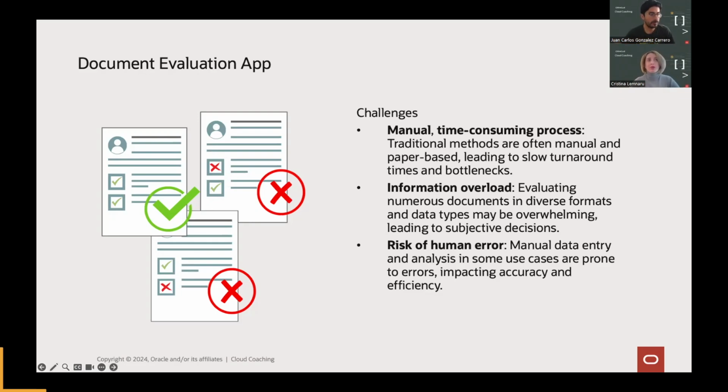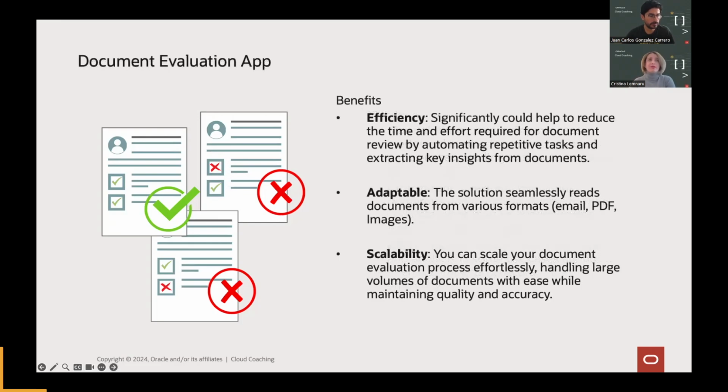So this is where the document evaluation app comes in, and it has a few benefits. First of all, it may be very efficient in your organization. Definitely it can reduce time. It's very adaptable.